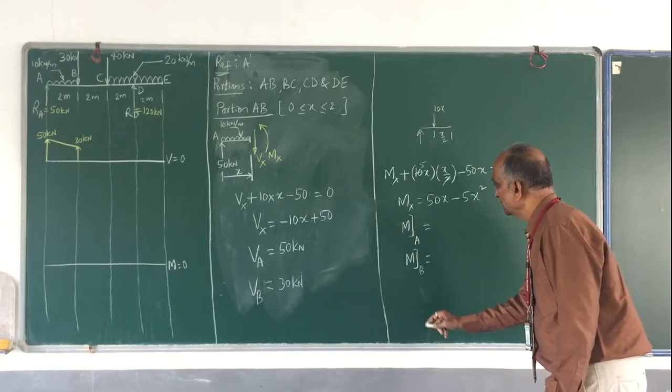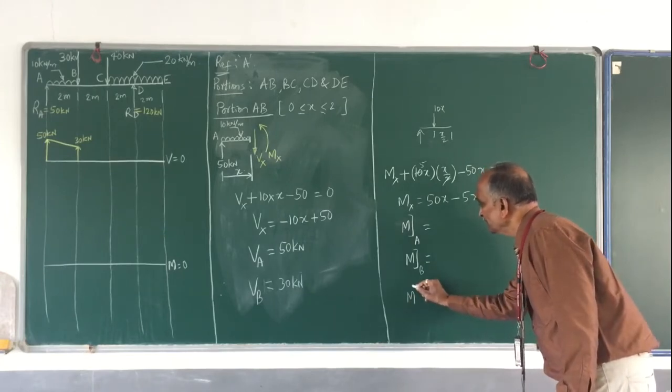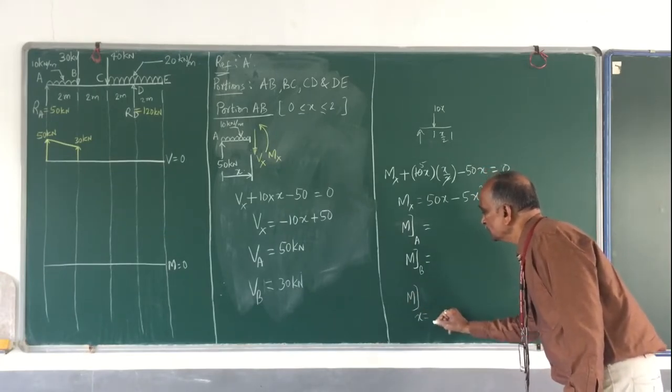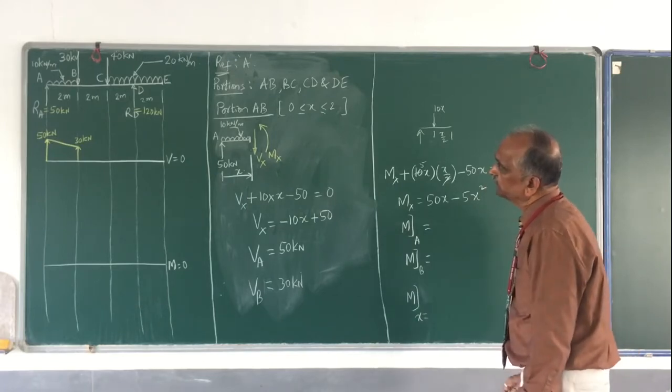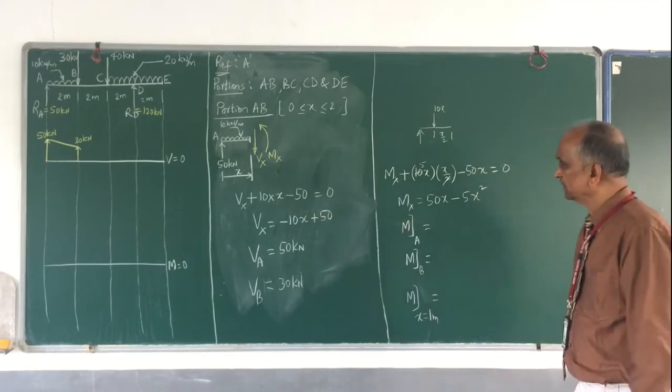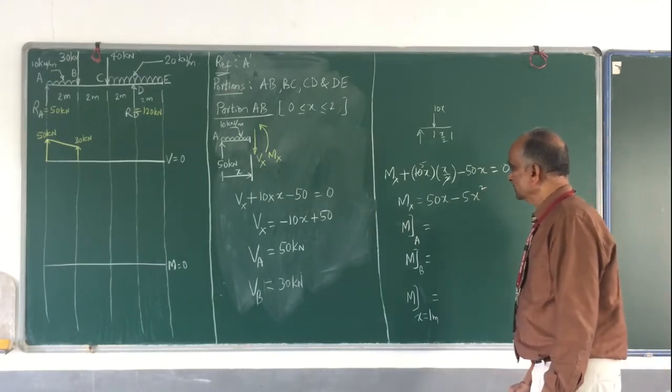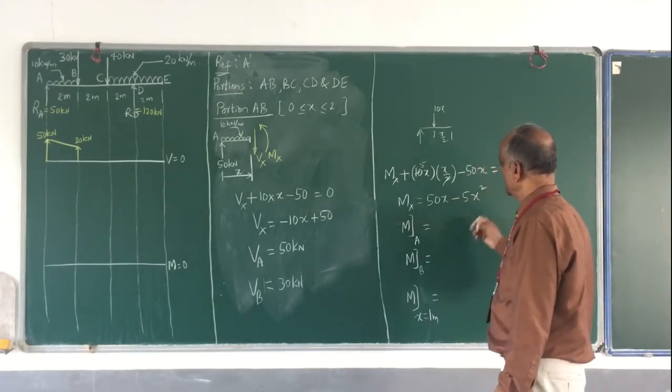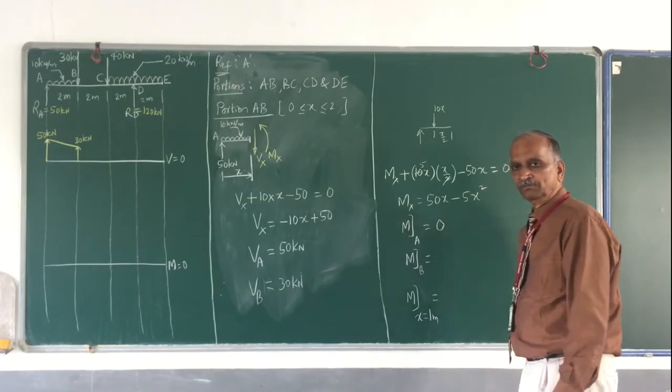and bending moment maybe at x equal to say 1 meter, that is in between. Let me find out. Bending moment at A, substitute x equal to 0, the bending moment is 0.